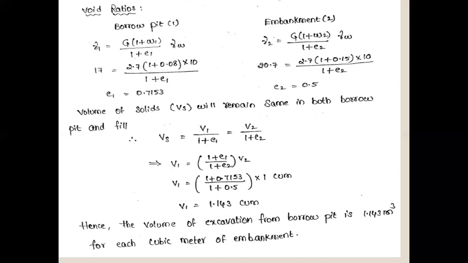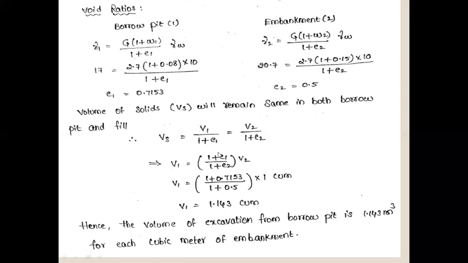Volume of solids will remain the same in both borrow pit and fill. So we find out Vs, volume of solids, in borrow pit and fill. So V1 by 1 plus E1 equal to V2 by 1 plus E2.